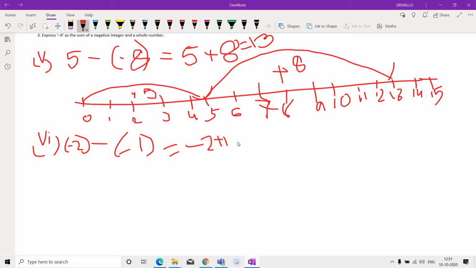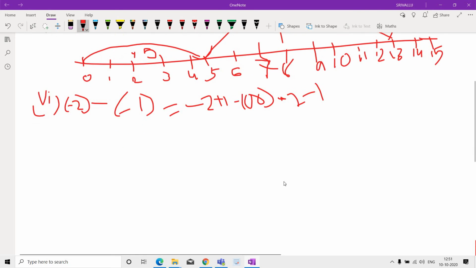How? We will do 2 problems: +2 minus 1. If we multiply both of these signs, we will get +2, and for the other, we will get +1.